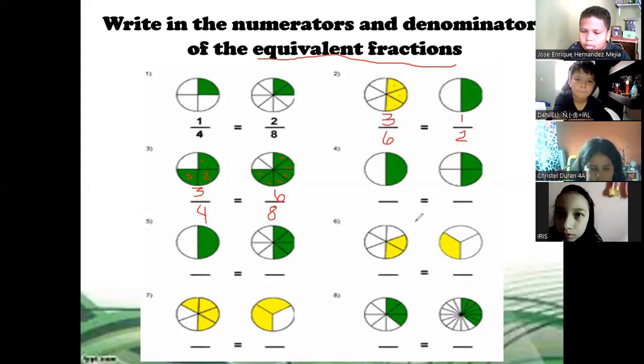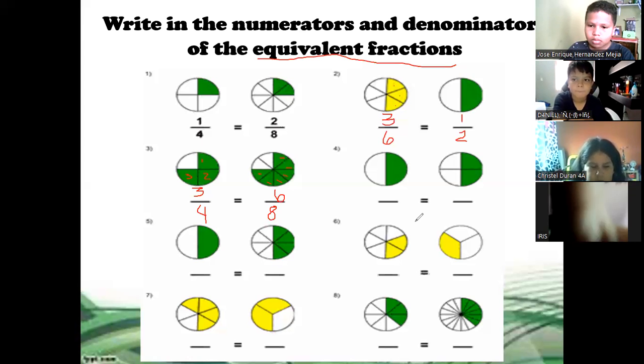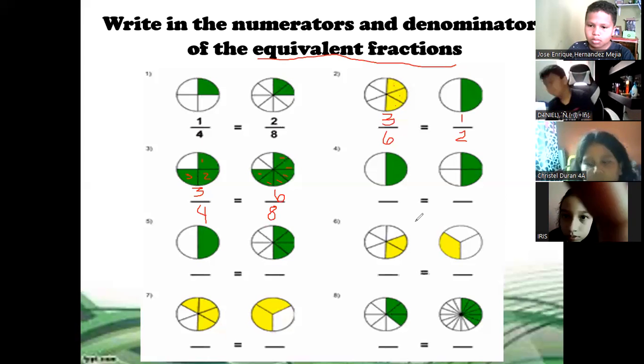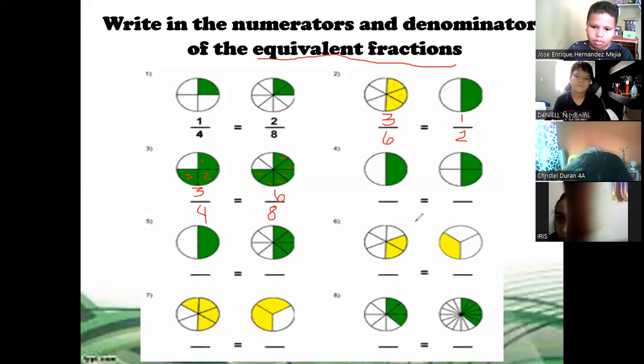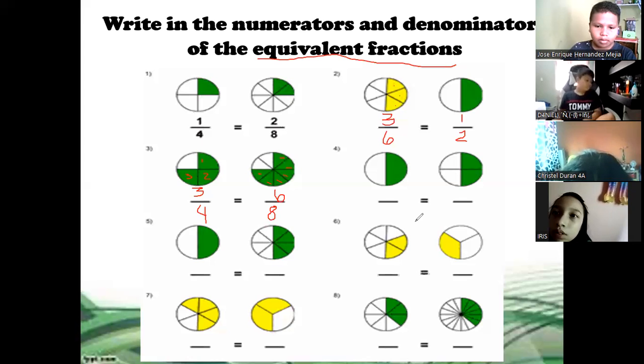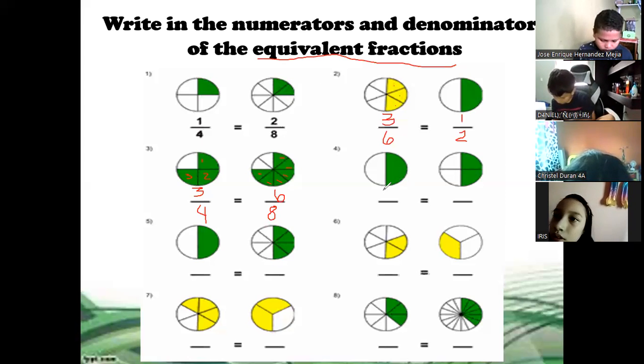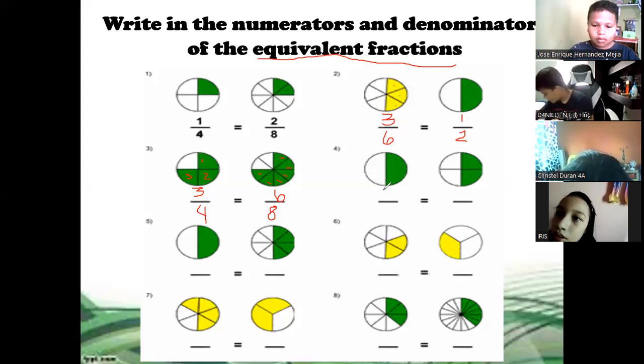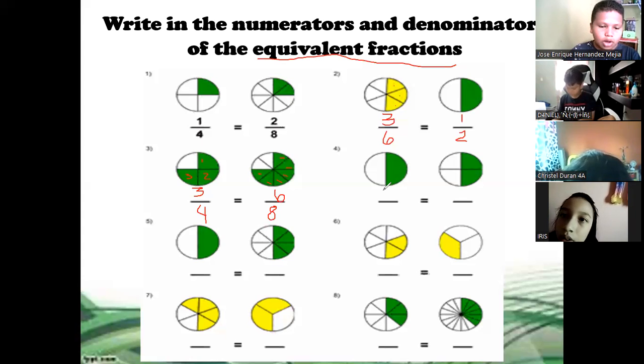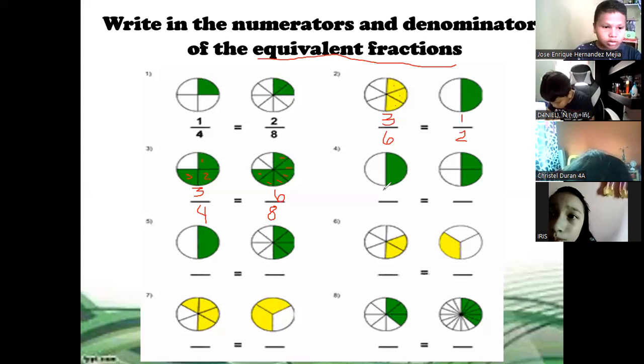Quickly, please. Jose Enrique. First fraction. Quickly, Jose Enrique, we have no time. One. What is the first fraction? The first, yes, this one.